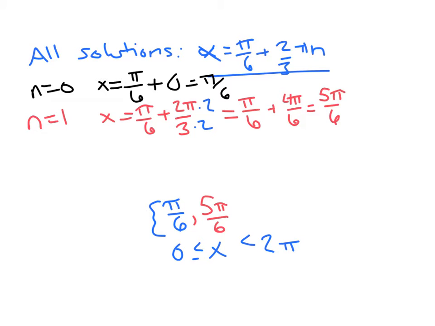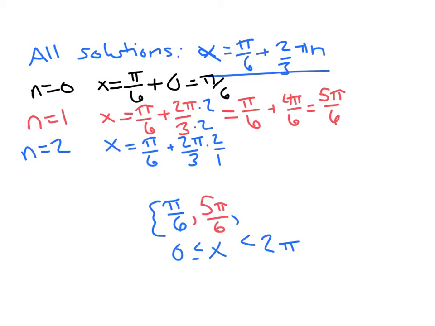As long as you're still generating solutions, you should see if we can get another solution if, say, n equals 2. Keep incrementing the n until your solution gets too big. So pi over 6 plus 2 pi over 3 times 2, which I'll write as 2 over 1.